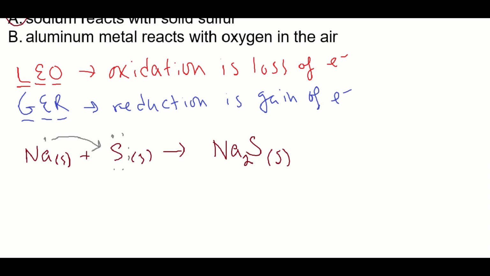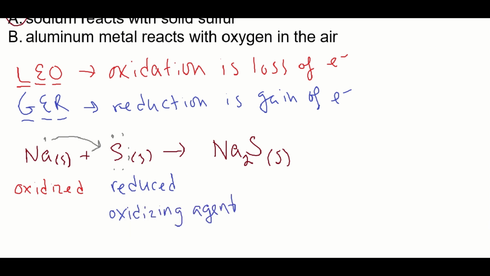So looking at this visually, you can say that sodium is oxidized because it's losing electrons, and sulfur is reduced because it's gaining electrons. Because sulfur is accepting electrons, it's also known as the oxidizing agent. And because sodium is donating electrons, it's also known as the reducing agent.